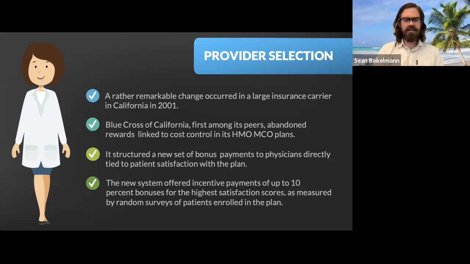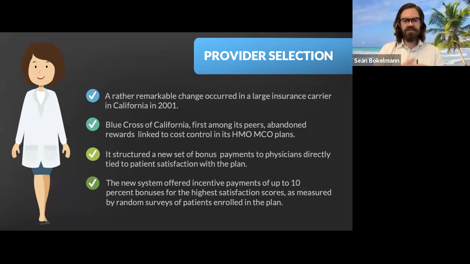And in its new payment scheme, it created a set of bonus payments that was directly tied to patient satisfaction. So this is really interesting. The payments were no longer incentivizing cost controls; they were purely incentivizing patient satisfaction.